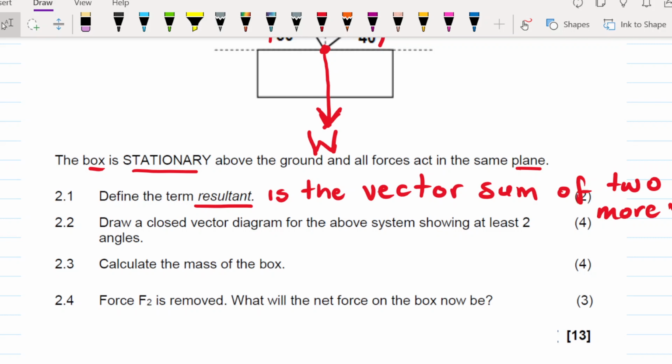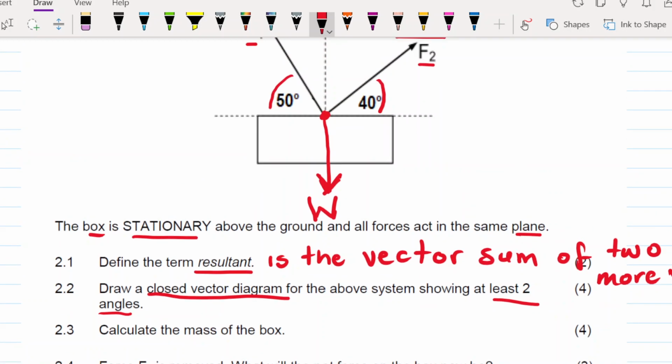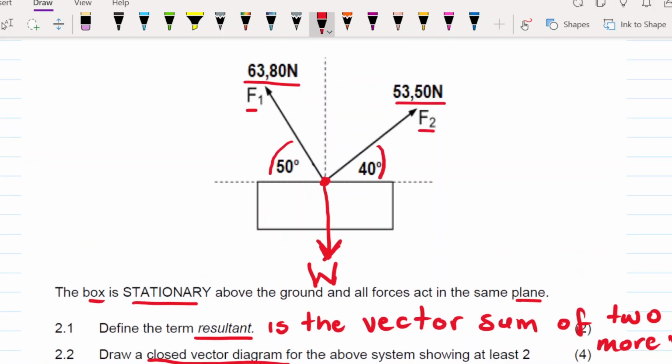So 2.2 now says draw a closed vector diagram for the above system. Show at least two angles. So now we have to draw a vector sum of this system, and then we must show two or more angles. So what is a vector diagram?